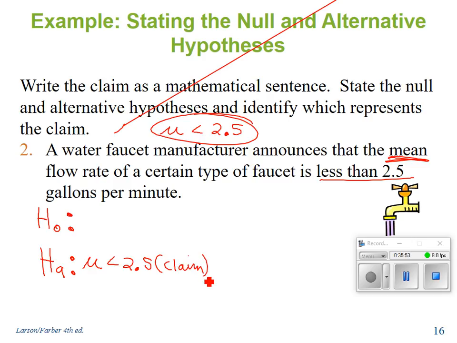What's this going to be then? Our null hypothesis. This is less than, this has to be what? Greater than or equal to 2.5. Remember, the null hypothesis always has to have that equal to part in that statement.